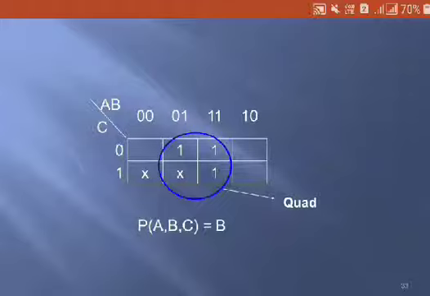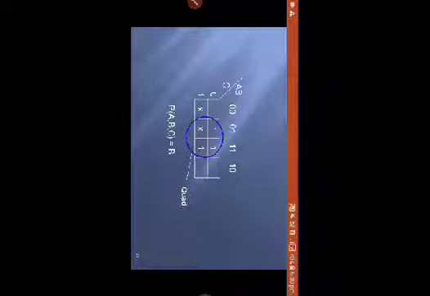For simplifying in POS form, you can consider don't care as 0 for better minimization. Our main aim of minimization or simplification is to reduce the number of gates in the realization, and this can be done with the help of the don't care condition.